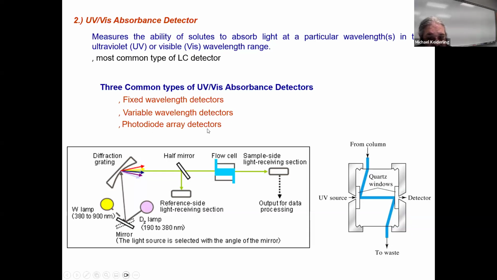And then you have photodiode array detectors, where you separate the wavelengths out after they pass through the sample onto a photodiode array and can detect several wavelengths simultaneously.